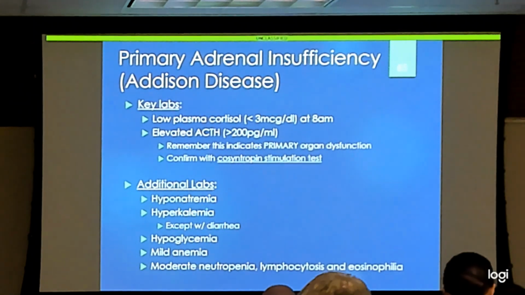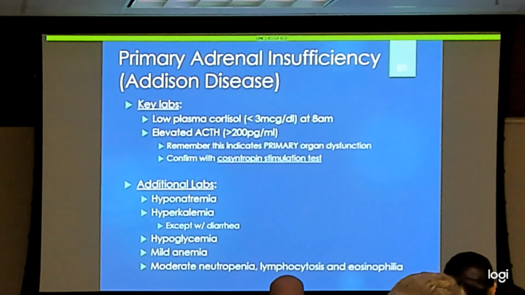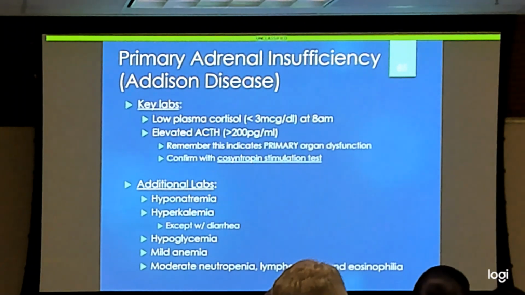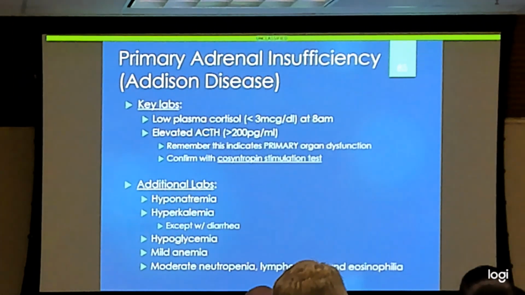Don't memorize the number, just that it's low at 8 a.m. Then how are you going to determine if it's primary versus secondary? We'll talk about secondary too. Primary versus secondary, you get the ACTH, same plasma draw, good to go. The ACTH is going to be crazy elevated. It makes sense because the patient's all bronze, but it's going to be crazy elevated.